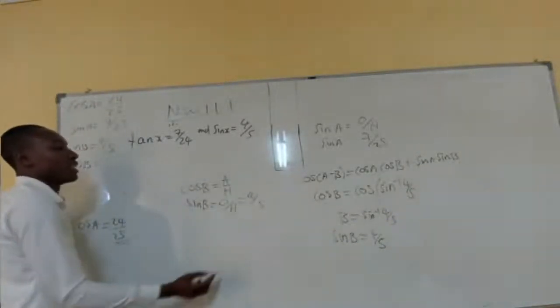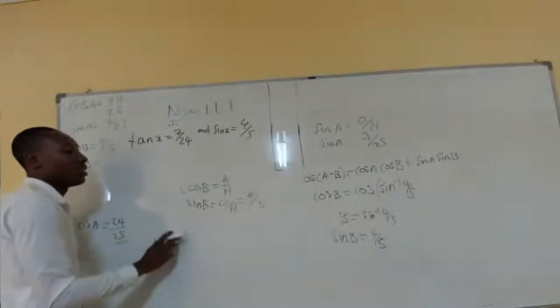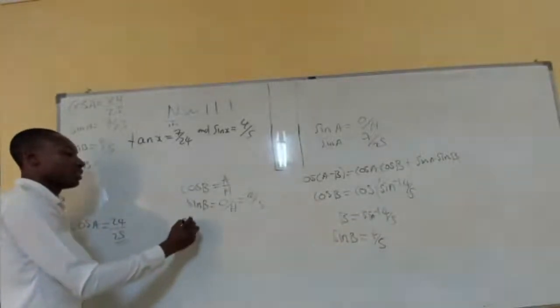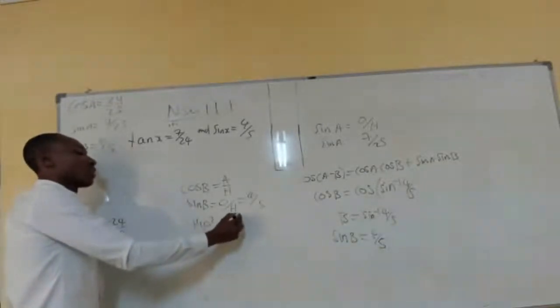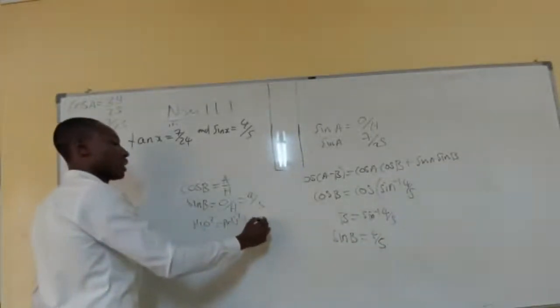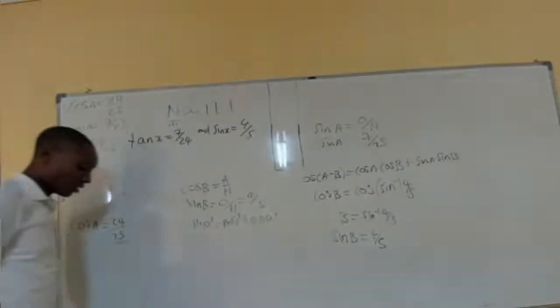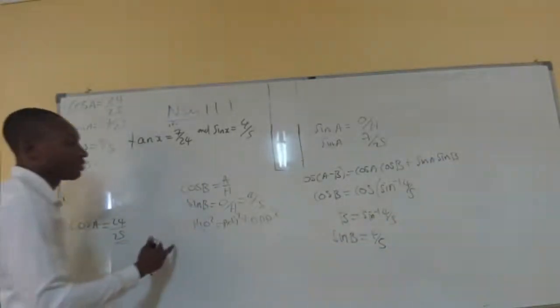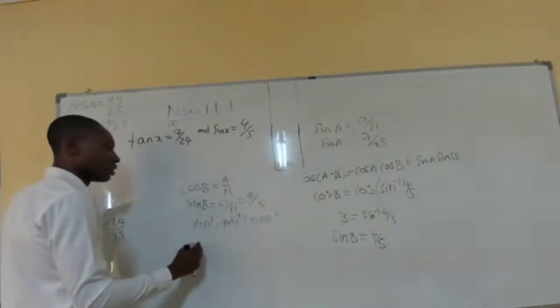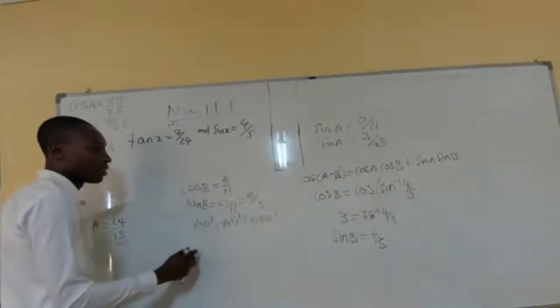The adjacent is missing, so we can find it using hypotenuse squared equals adjacent squared plus opposite squared.